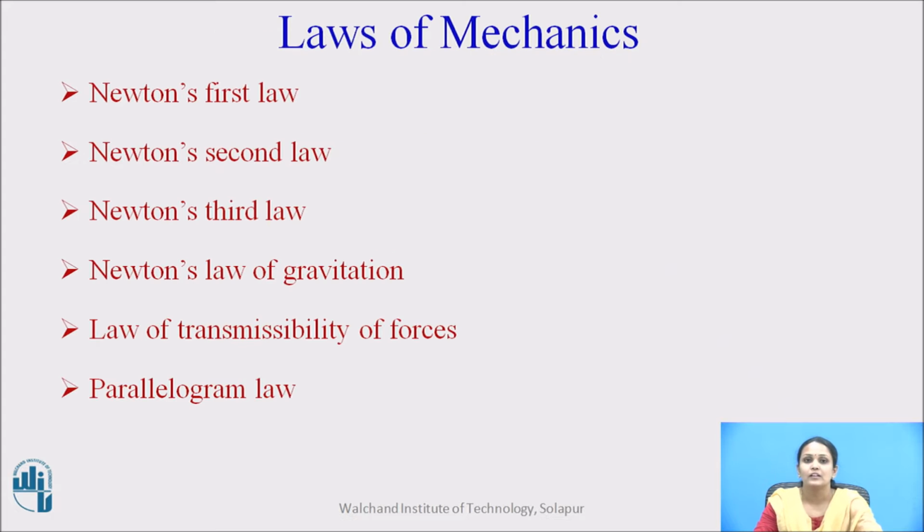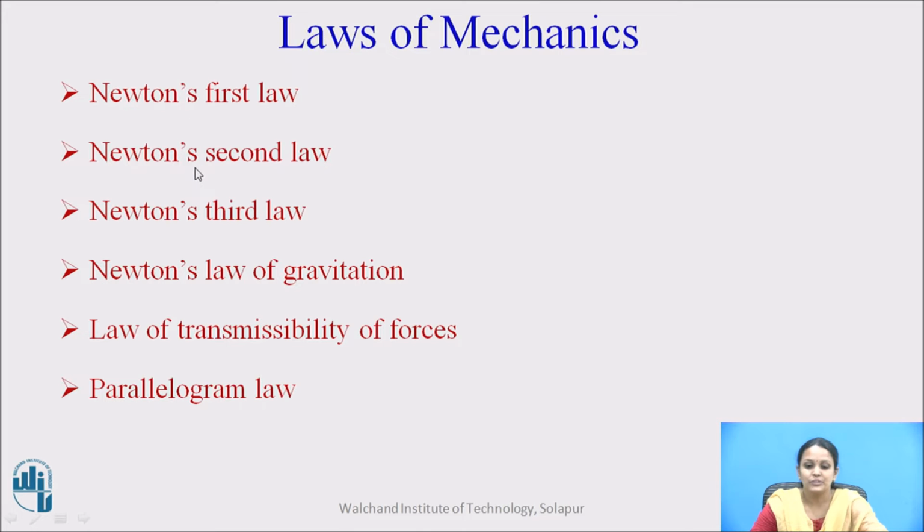Now these are the basic laws used in engineering mechanics. Newton's first law states that every body continues in a state of rest or in uniform motion unless it is acted upon by any external agency.